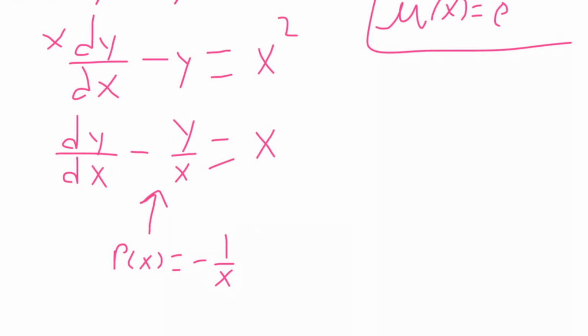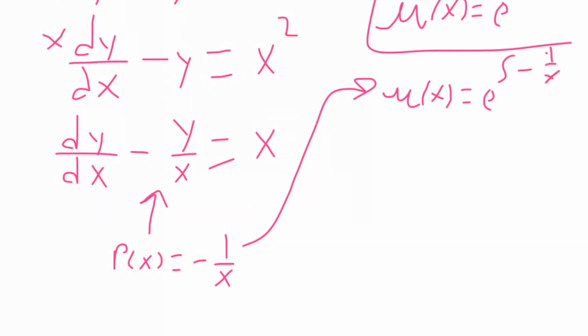Now to move along with the problem, once we've identified p of x, we have to find mu of x. Mu of x, as I mentioned here, is going to be e to the integral of p of x. But we established p of x is just minus 1 over x. So mu of x is going to be e to the, when we take the integral, ln x.